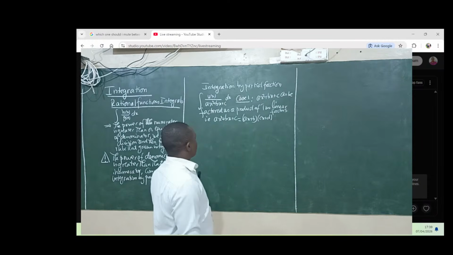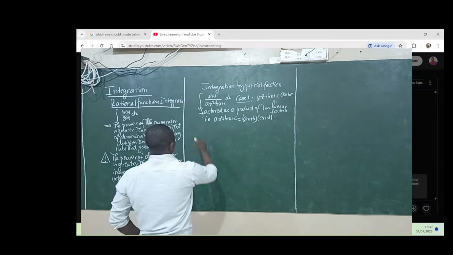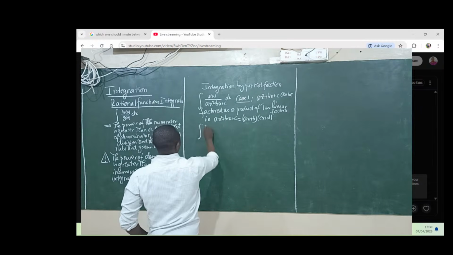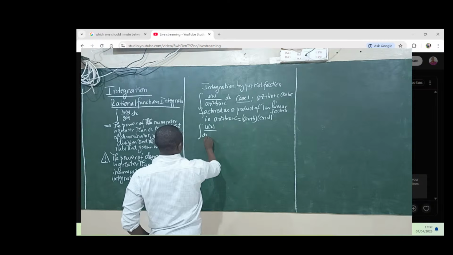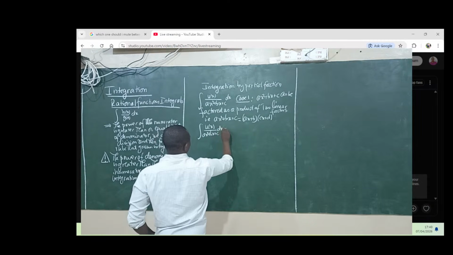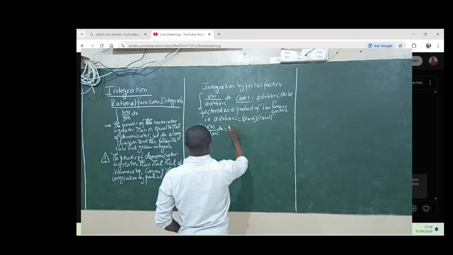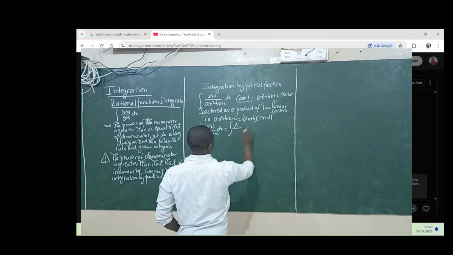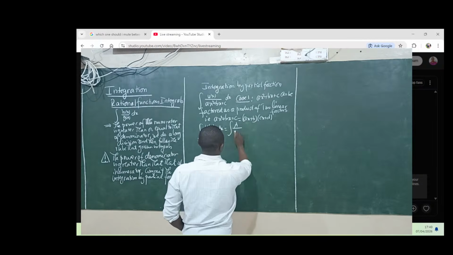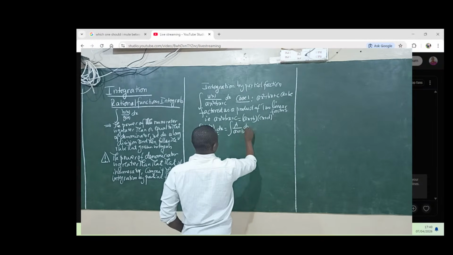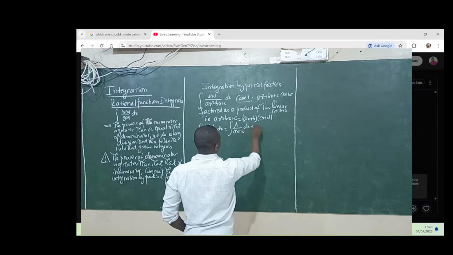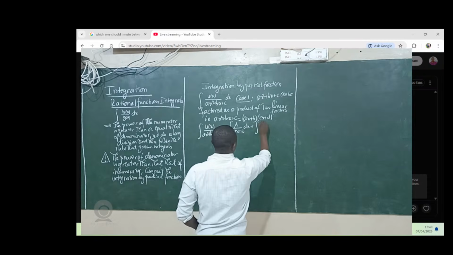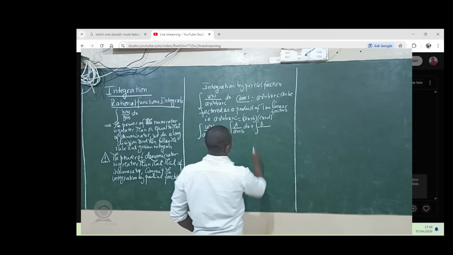What we do, the integral becomes u of x by ax squared plus bx plus c dx. This is the integral of A by one of these factors, let's have ax plus b dx, plus the integral of B by cx plus d dx.